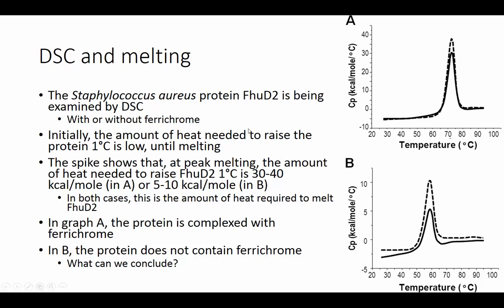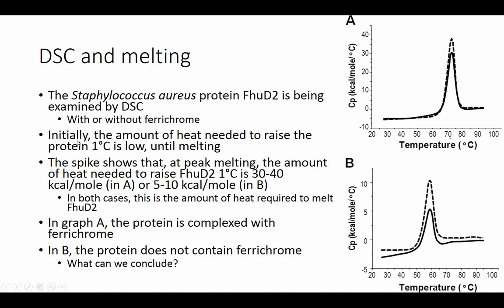Here's an example of this. This was some work that was done looking at a Staphylococcus aureus protein called FhuD2. It was being examined by differential scanning calorimetry, and it was being done with or without this coenzyme or cofactor called ferrichrome.